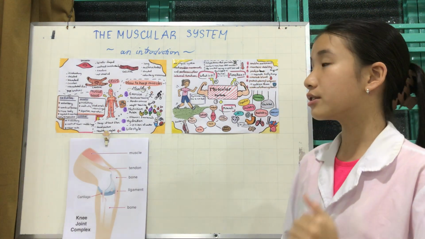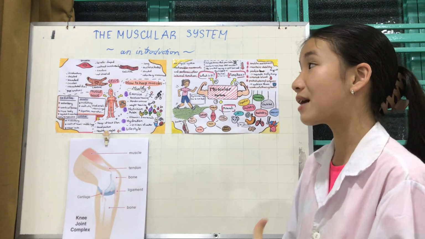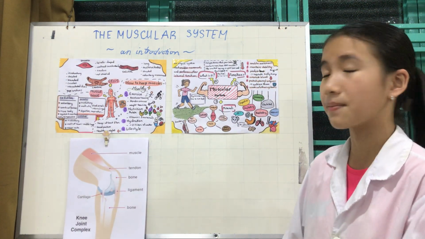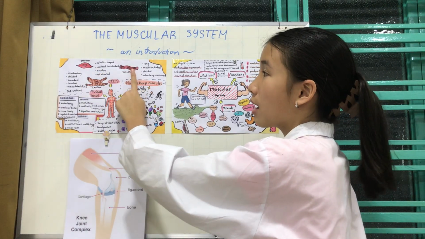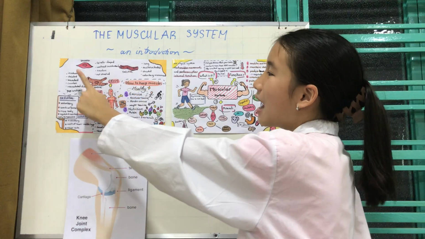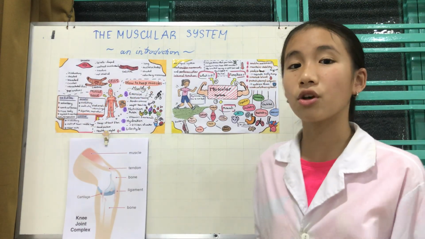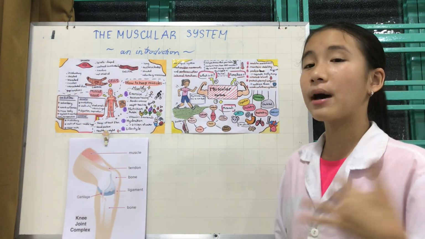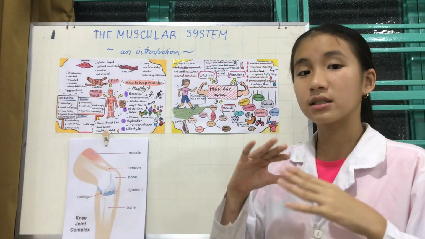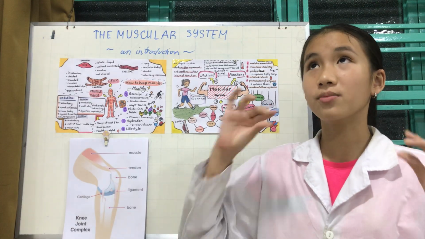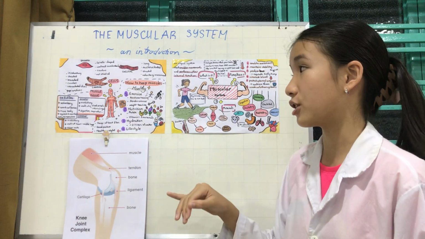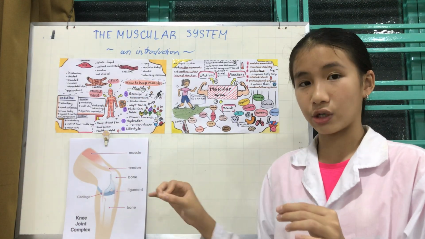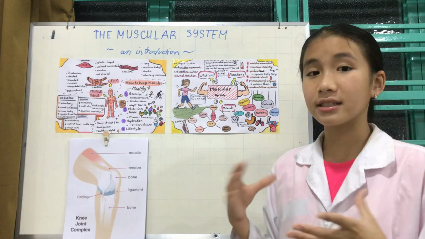Let's move on to the muscle tissue. Now we've talked about the cells of the muscular system, which are the smooth muscle cell, skeletal muscle cell, and the cardiac muscle cell. How about the muscle tissue? The tissue is made up of thousands or millions of cells. Skeletal muscle tissue is voluntary work.